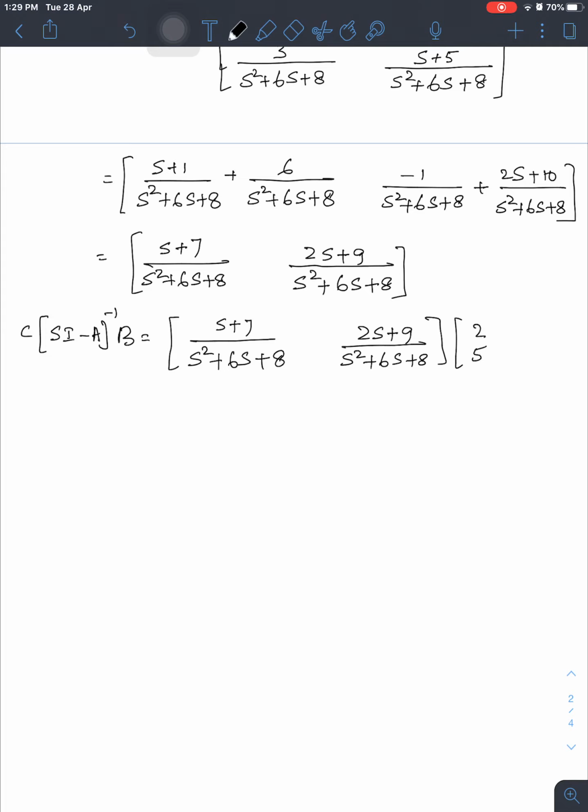So this multiplication will yield us, as first row and first column, (2s plus 14) divided by (s square plus 6s plus 8) plus 2 5s are 10s plus 45 divided by s square plus 6s plus 8.